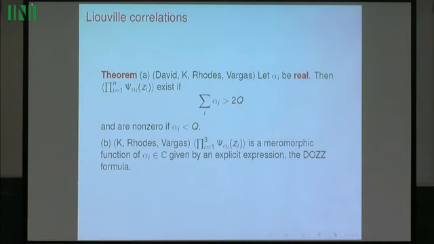Then, okay, so that's the correlation functions. Then what about the structure constants? Well, the 3-point functions actually are given by an explicit expression. I told you that DOZZ found a formula for them, and we were able to prove that formula quite recently, and I'm not going to say anything about this because I think Guillaume Remy will talk a little bit about this and its generalizations to other situations.